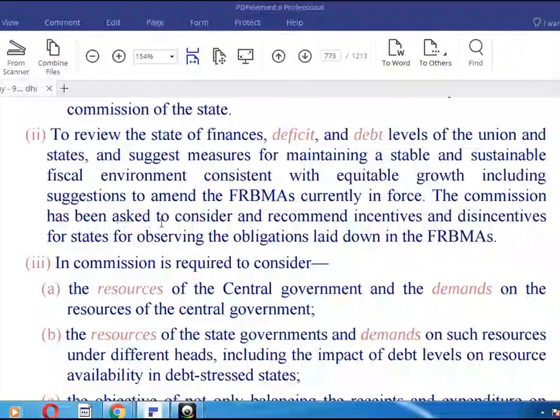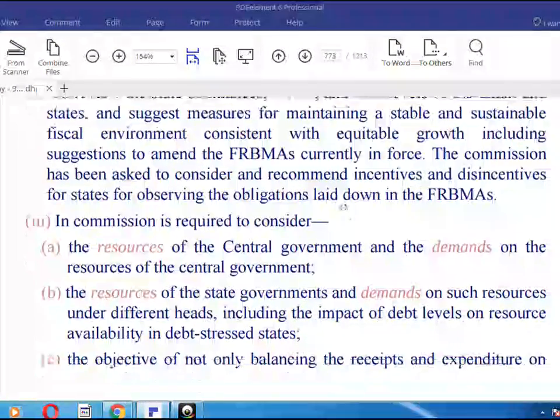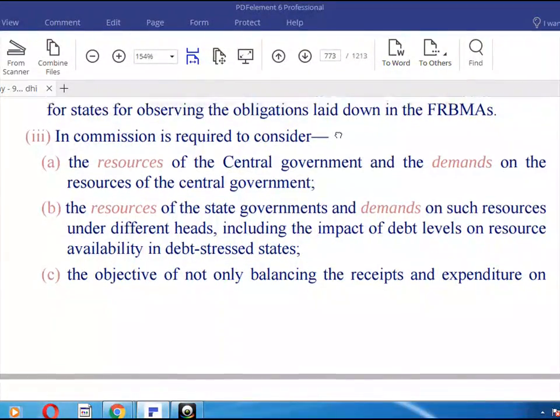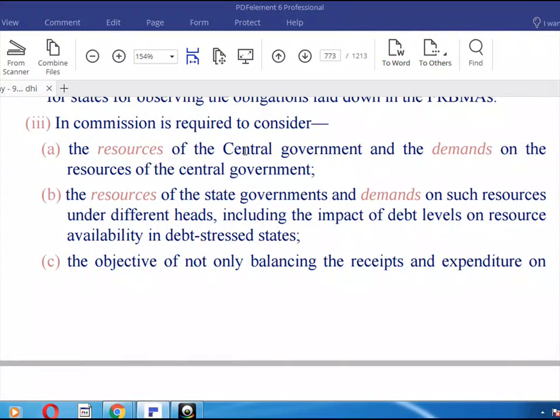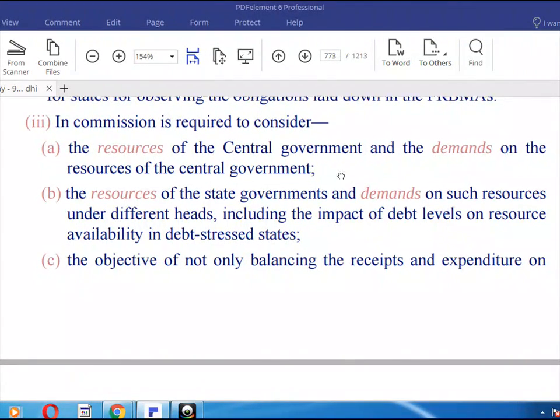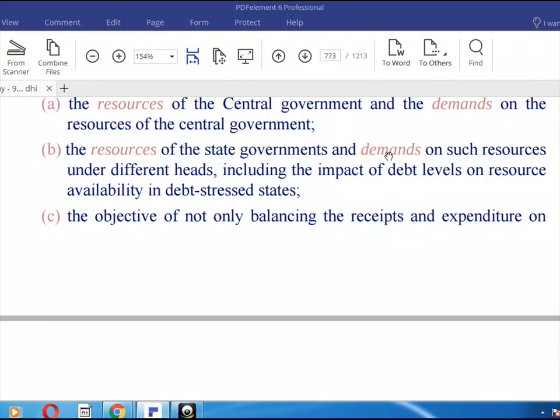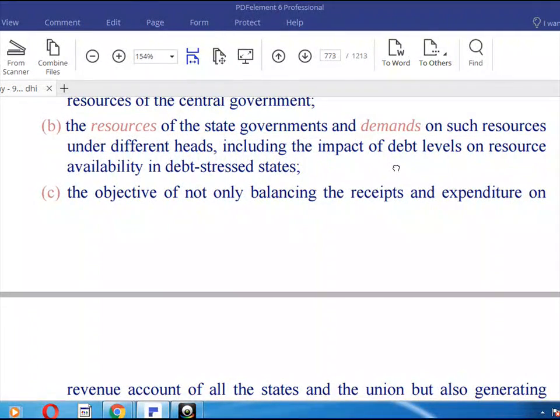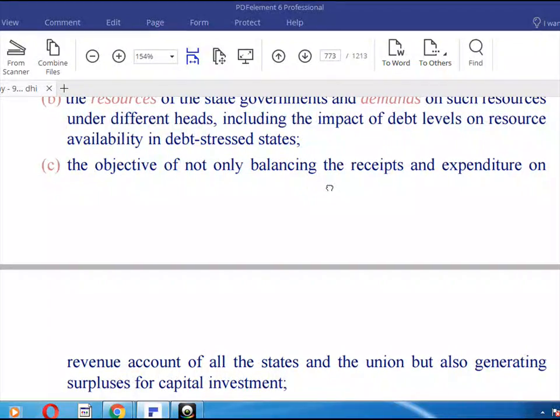The Commission has been asked to consider and recommend incentives and disincentives for states for observing the obligations laid down in the FRBM. The Commission is required to consider the resources of the central government, the resources of the state governments, and the demands on such resources under different heads, including the impact of debt levels on resource availability in debt-stressed states.